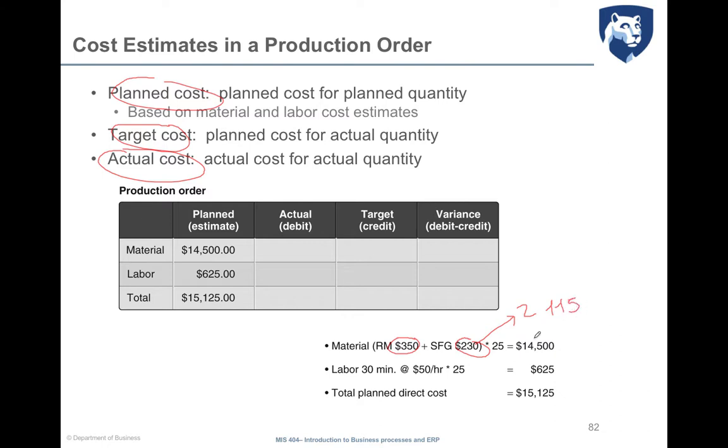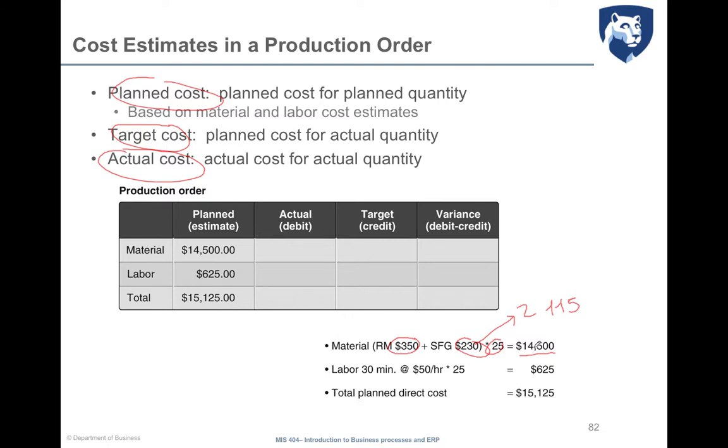So the expected cost of material is $350 of raw materials plus two wheels, so a cost of $230, multiplied by 25 bikes, which is the volume requested in this production order.